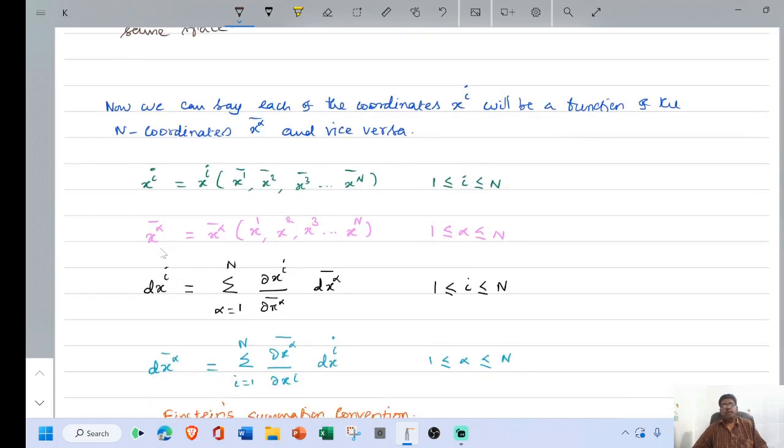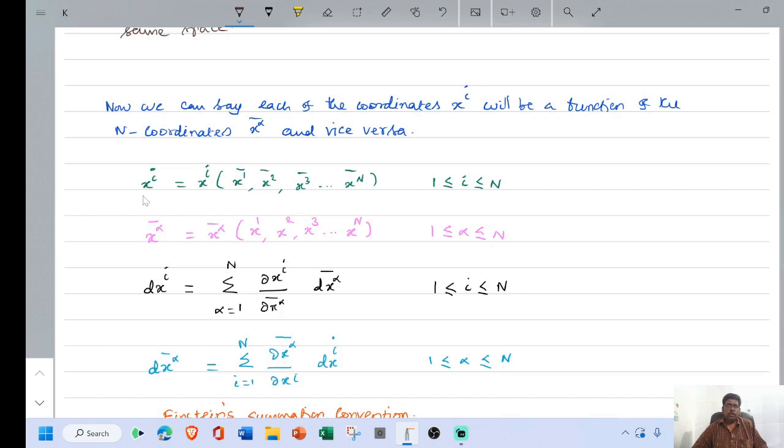In the same manner, x bar alpha is a function of x1, x2, x3, and so on. Here alpha is greater than or equal to 1, less than or equal to n.